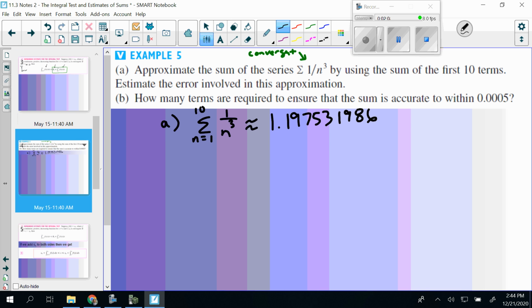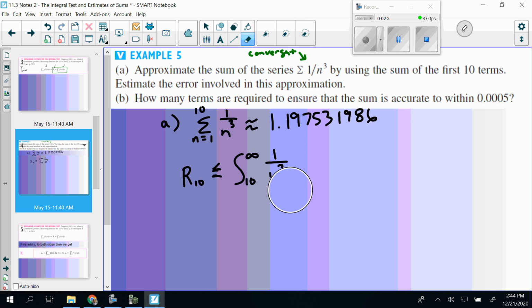So R of 10 here is going to be less than or equal to the integral from that same n value, so 10 to infinity, of 1 over x cubed. And because we're changing it to an integral, I'm going to use x rather than n.